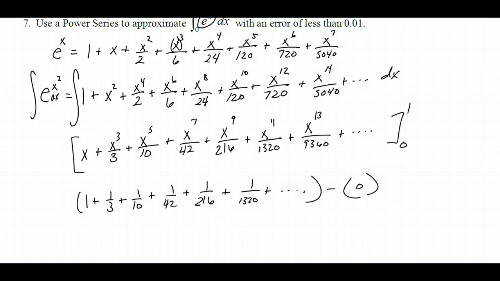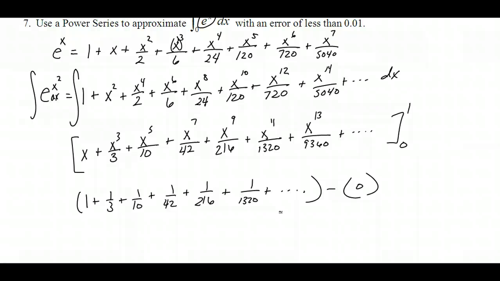So if you just have to estimate or approximate this integral to an error of less than 1/100th, I would just start adding these together until I know that, great, it's accurate to this amount. So I take 1 plus 1/3 plus 1/10 plus 1 divided by 42. Basically, once you get over that 1/100th, you're going to be good to go.